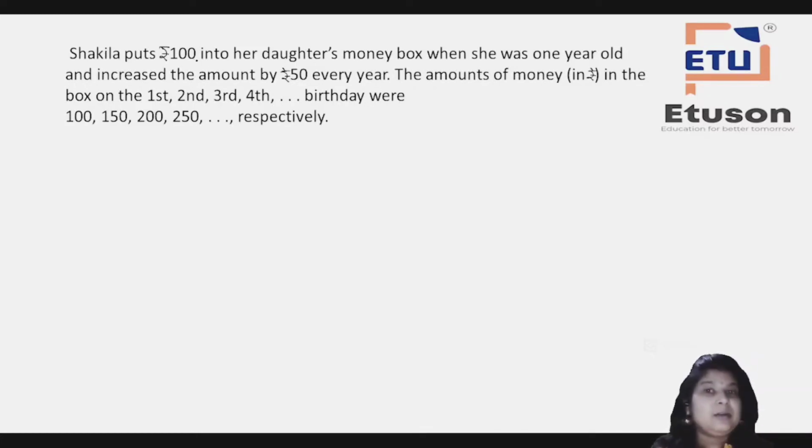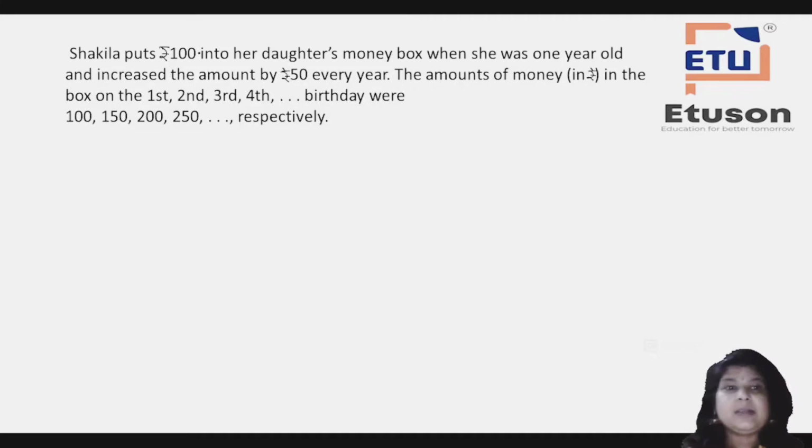On the 1 year birthday she started saving the money, and in the first year she has put 100. Okay. Second year 100 plus 50, 150. Third year 150 plus 50, 200. 200 plus 50, 250. So likewise, every year she has increased the amount by 50 rupees as compared to the previous year. Correct or not?